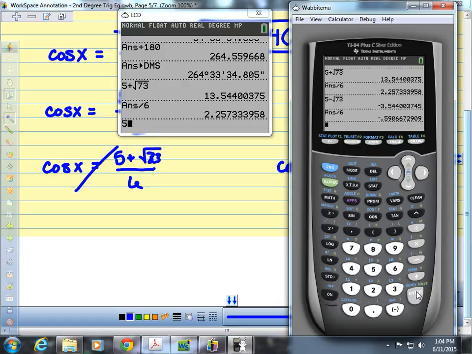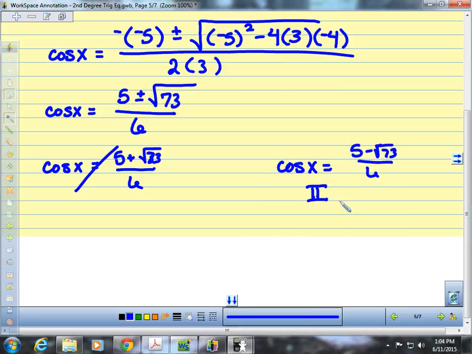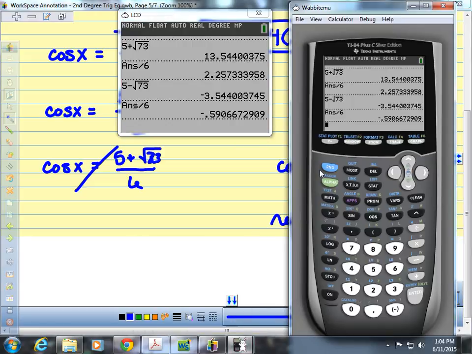Cosine can equal that. Cosine will be negative where? In quadrant 2 and quadrant 3. This will happen in quadrant 2 and quadrant 3. And we're going to have a reference angle equal to, how are we going to find the reference angle? We're going to take inverse cosine. But, folks, I'm not going to take the inverse cosine of that negative.